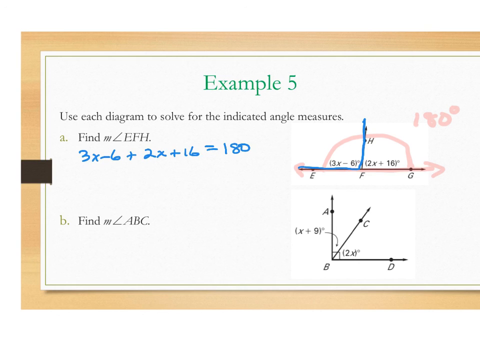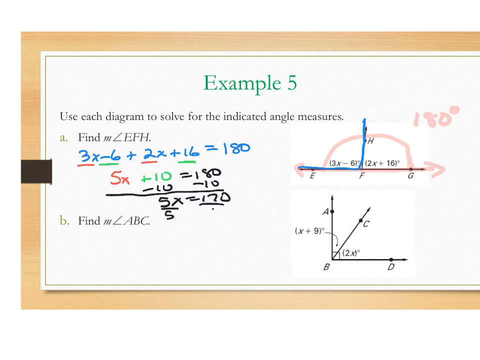I'm going to combine my like terms. 3x and 2x gives me 5x. I'm going to add negative 6 plus 16, I get 10, and it equals the 180. I'm going to move the 10. 5x equals 170. Divide by 5, and I get 34 again.